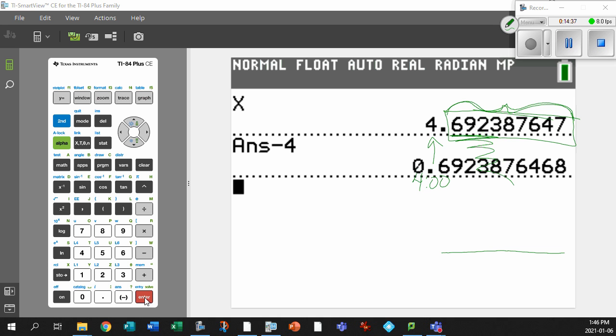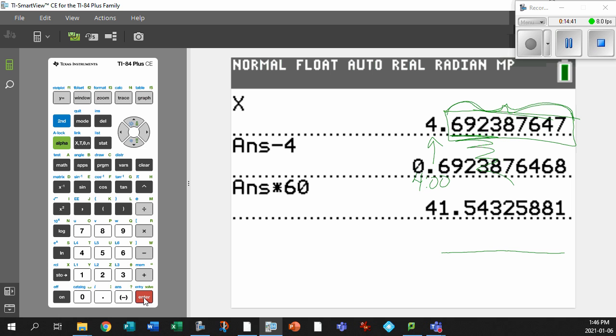Okay, how do I convert that into minutes? Simple, multiply by 60 because there's 60 minutes in an hour. So you're looking at, well, he better be gone. That's 41.5 minutes. He better be gone by 4:42 at the latest. If he's not gone by 4:42, that ship's going to ground out.